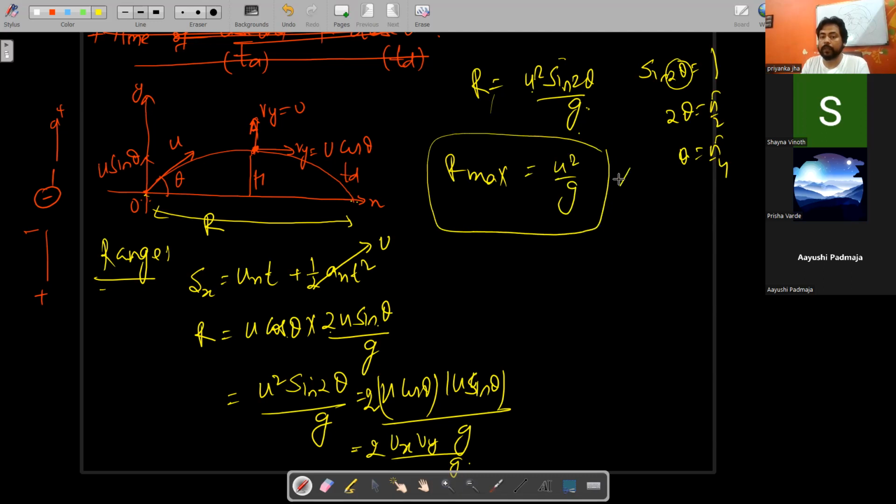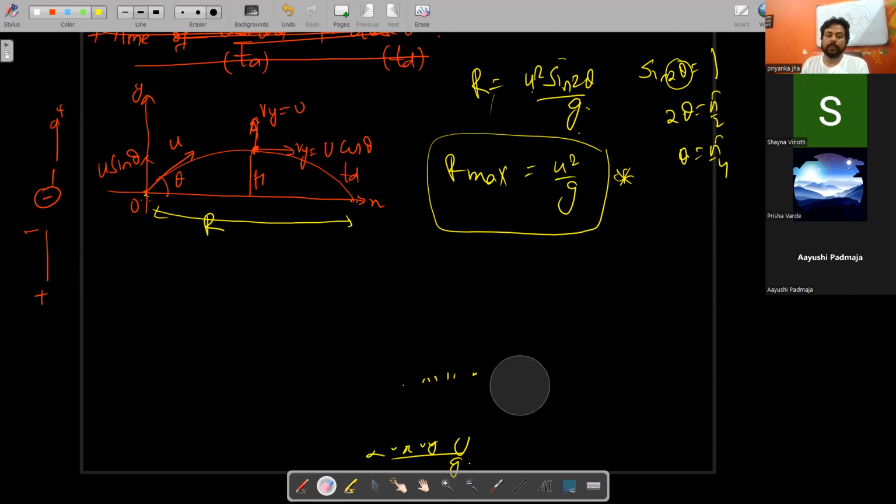Remember this. So can you explain it again? Yes. Suppose you are asked to find the angle at which you throw the ball so that the ball will cover the maximum horizontal distance, meaning maximum range. Range is u square sine 2 theta upon g.